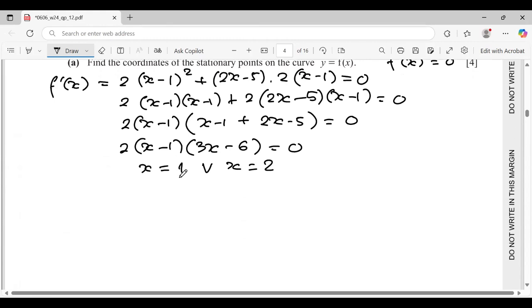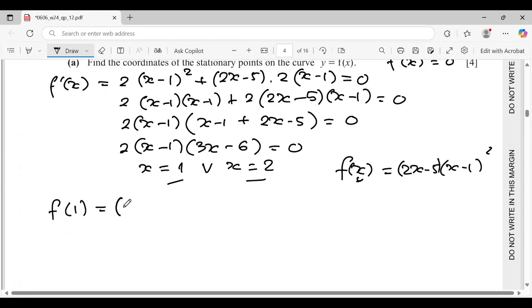After that, substitute x equals 1 and x equals 2 into f(x), (2x minus 5)(x minus 1) squared. If x equals 1, f(1) equals 2 times 1 minus 5, times (1 minus 1) squared, which is 0.